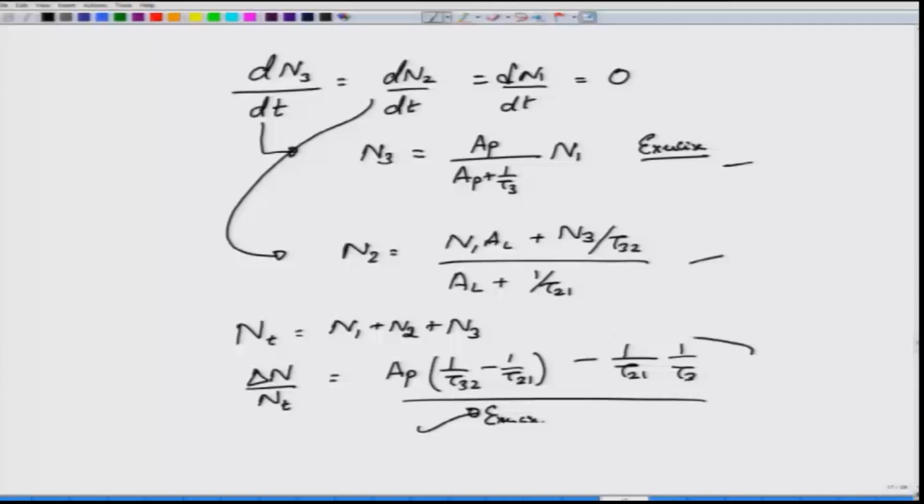So, a necessary condition is that A p should be greater than a threshold quantity. And what is the threshold quantity? Well, for delta n to be positive, the numerator has to be greater than 0. So, once you set the numerator greater than 0, you will see that A p times 1 by tau 32 minus 1 by tau 21 must be far greater than 1 by tau 21 divided by tau 3.